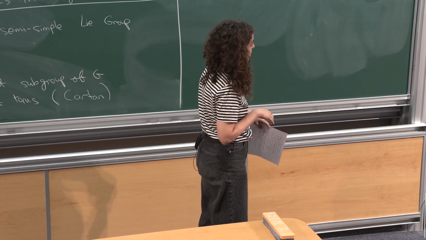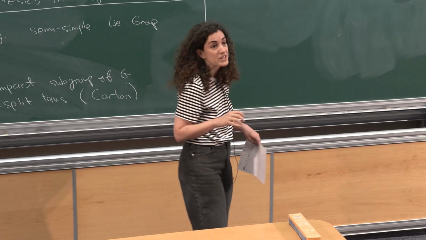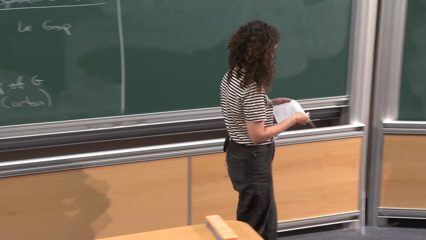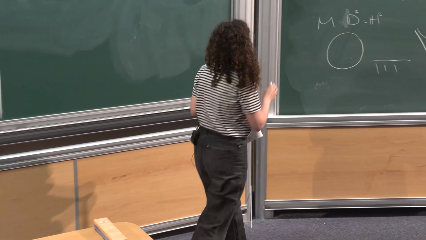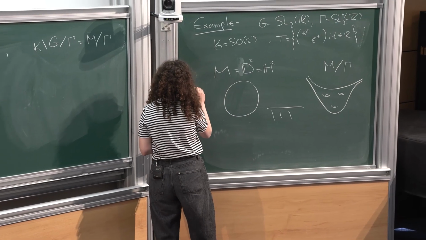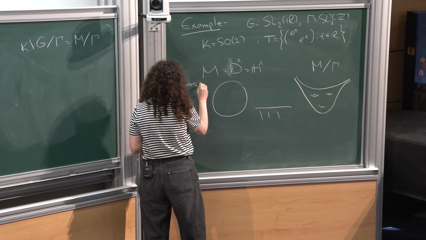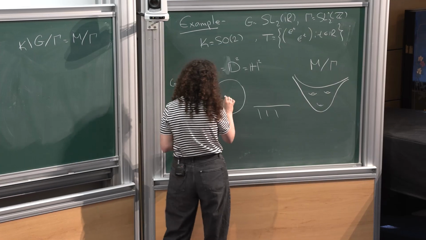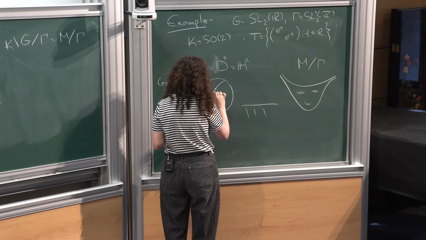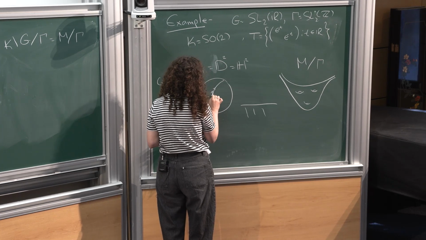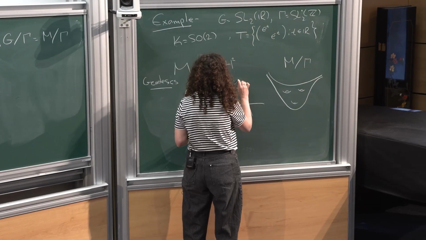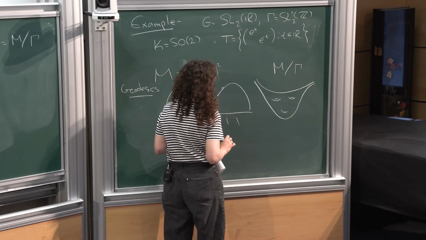Okay, and now we want to discuss geodesics in this space. Are there any questions before? Just for this. Okay. Geodesics are going to look like, again, what you have seen: if I have a point with a direction, then the geodesic is going to look something like that here.